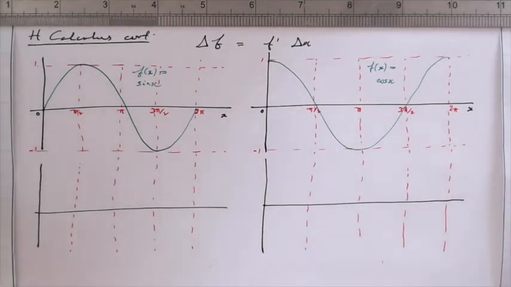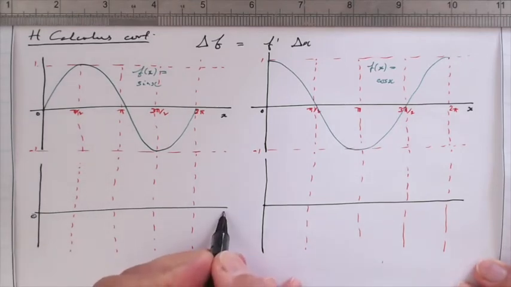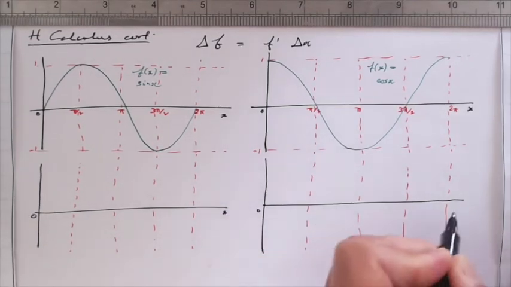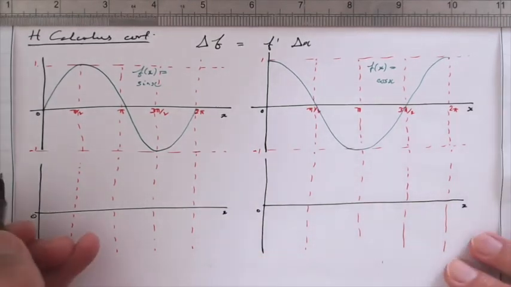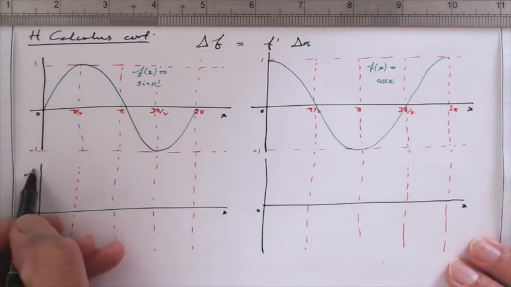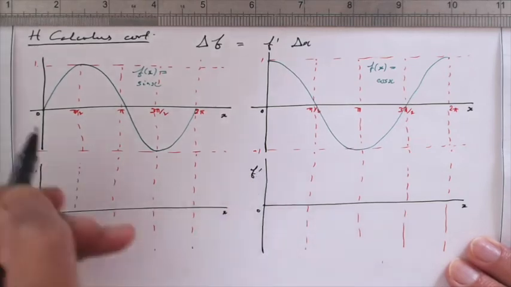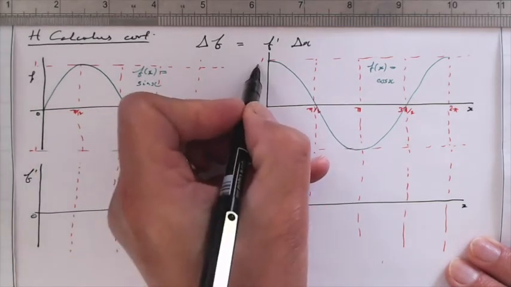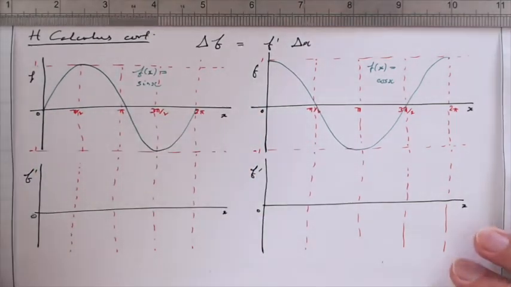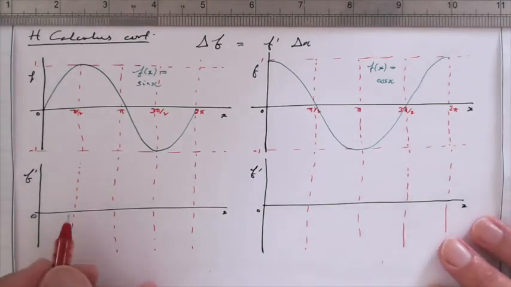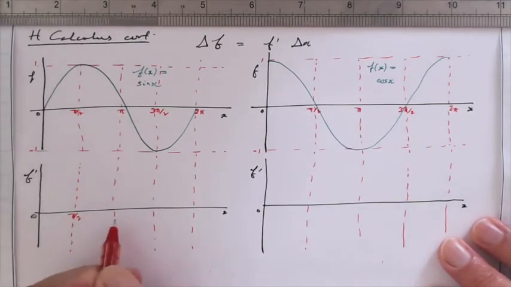Right, so again we have the origin, and what I'm plotting here is f prime for the functions above. And I've got the same values on the x-axis here.